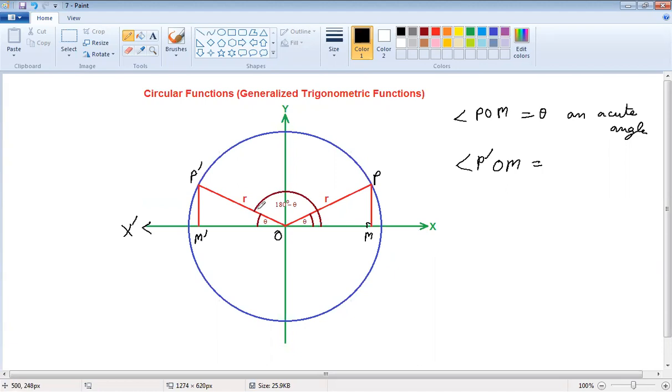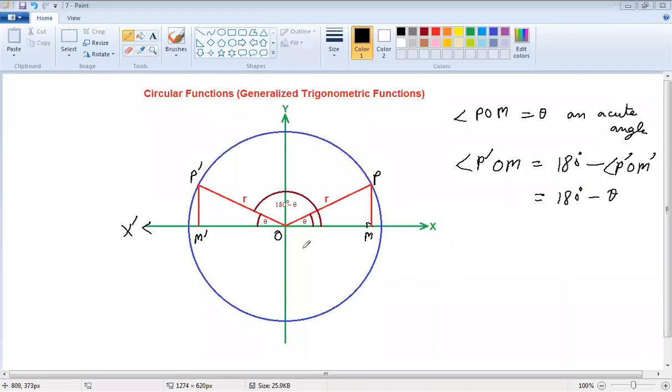Because total angle on the straight line, which is x dash OX, is 180 degree, out of which we subtract the angle made on the left side, that is angle P dash OM dash, which we have taken by construction equal to theta. So what is the angle P dash OM equal to? It is 180 degree minus theta. Is this point clear to all?